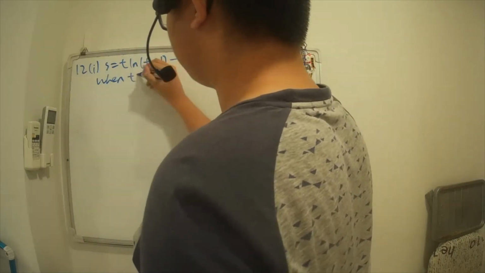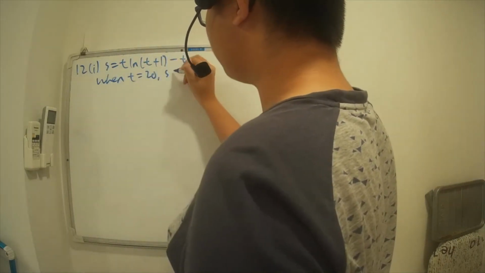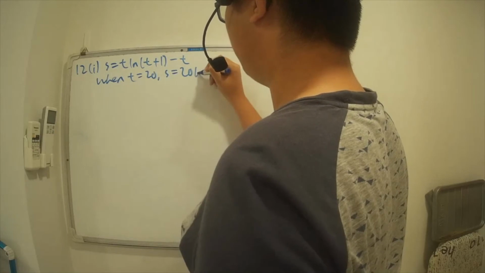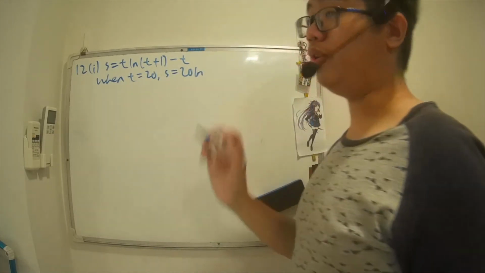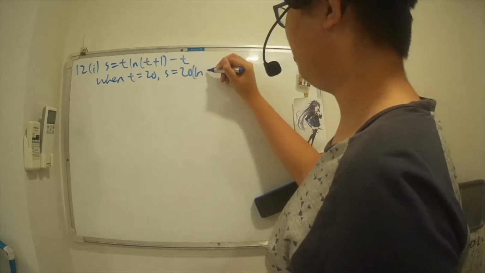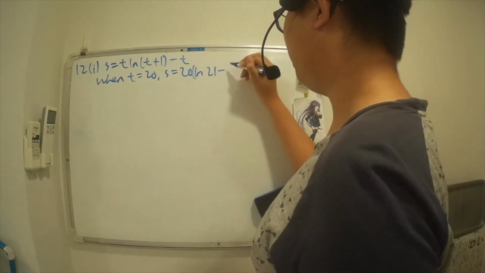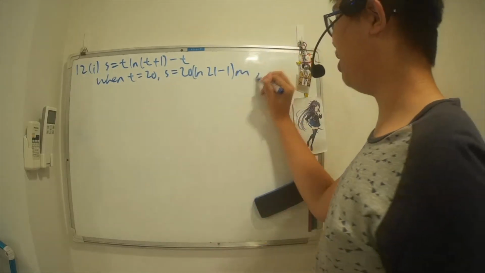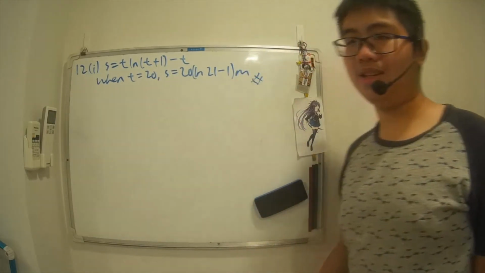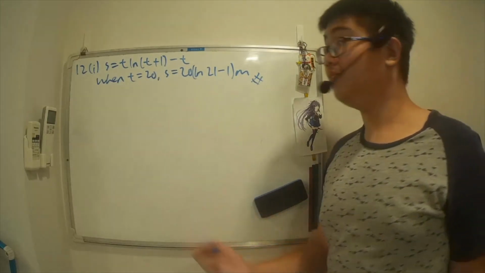When t equals 20, s is equal to 20 ln 21 minus 20. I'll write this as 20(ln 21 - 1) just to make that cleaner. That's literally it.